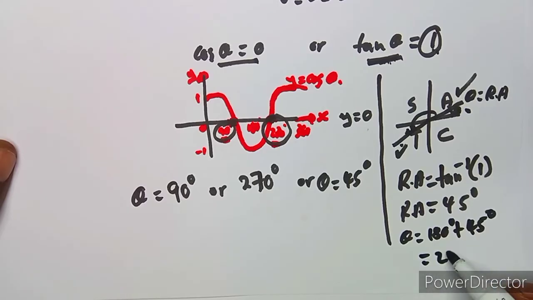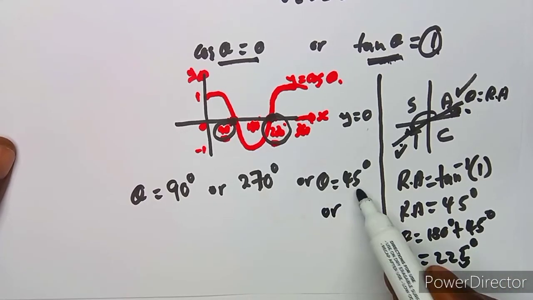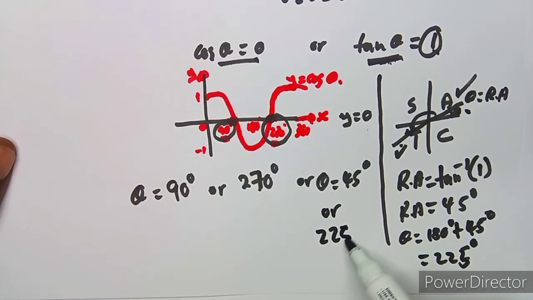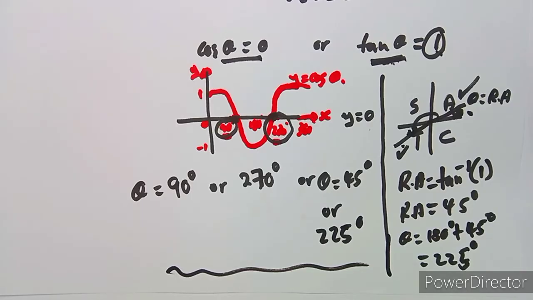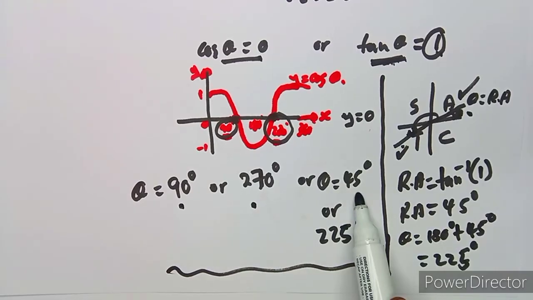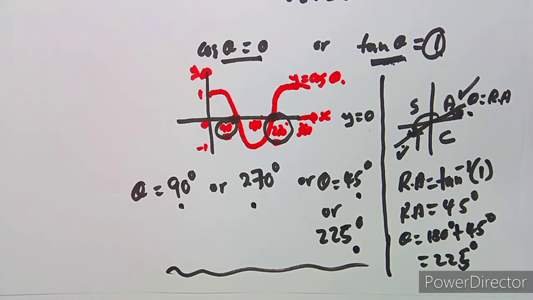So this is going to give us 225 degrees. So guys, these are the possible values of theta from 0 to 360 that we can have: 90 degrees, 270 degrees, 45 degrees, or 225 degrees. These are all the possible values that we can have in that interval.